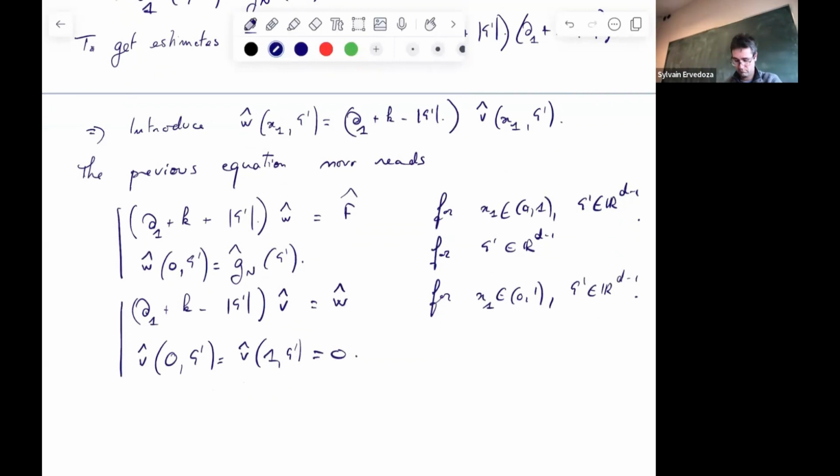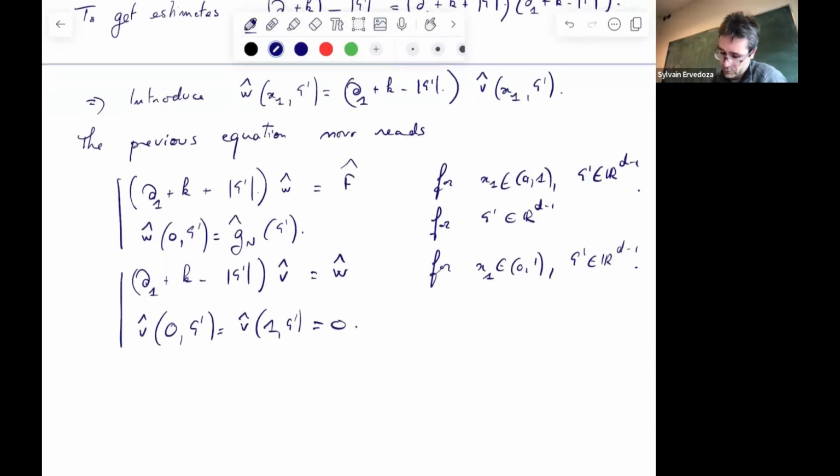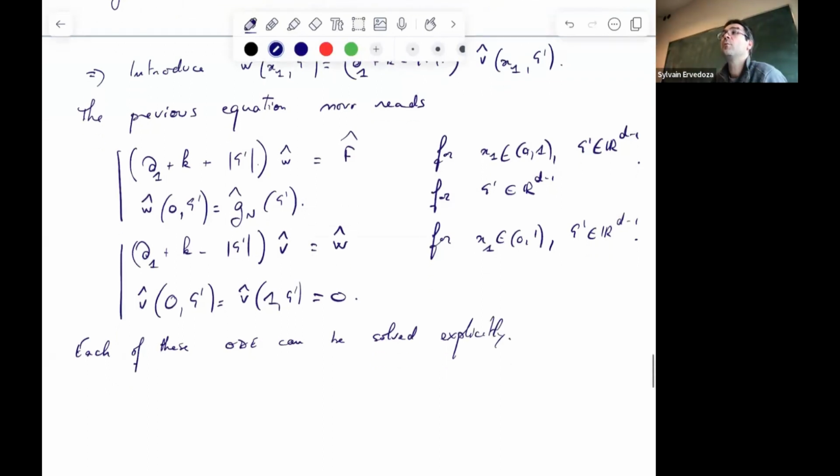Okay, so to get estimates, you see it's about getting estimates on ODEs, which can be solved explicitly, right? So each of these ODEs can be solved explicitly with formulas, but in fact, what we want is estimates.